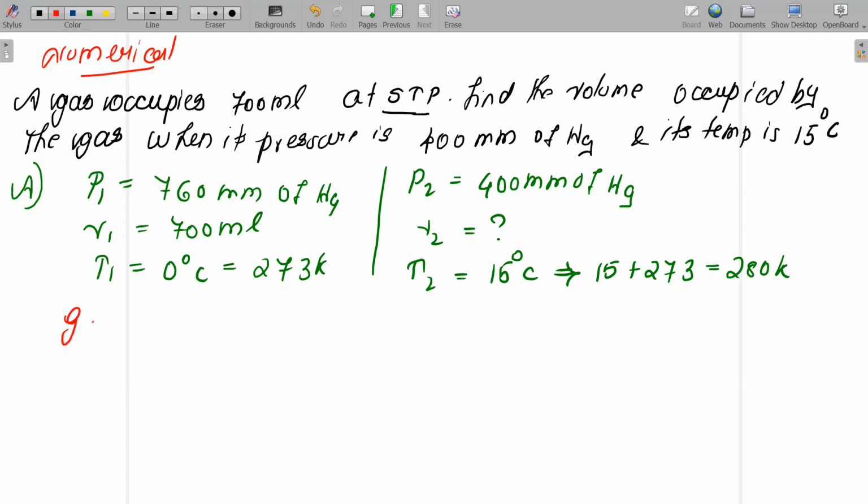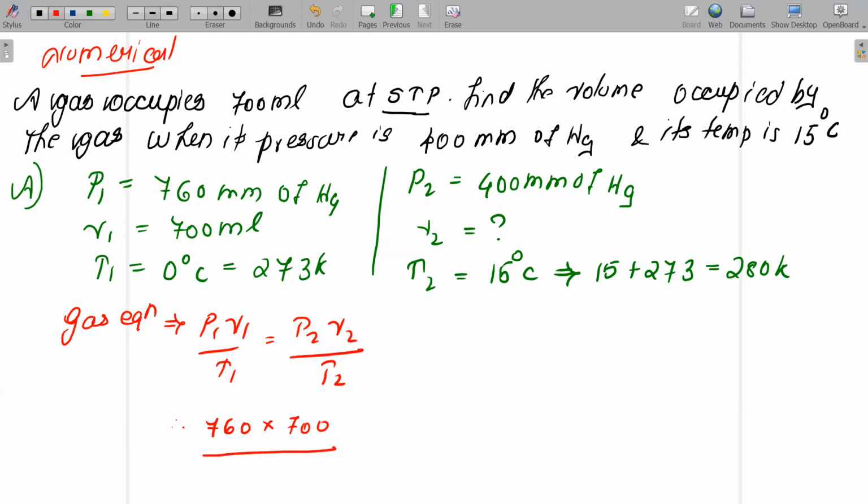Now the gas equation you should introduce. Gas equation is P1 V1 by T1 is equal to P2 V2 by T2. Am I right? Therefore, you write the values: P1 is 760, V1 is 700, divided by T1 which is 273, equal to P2. What is P2?